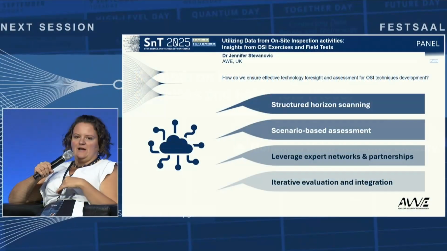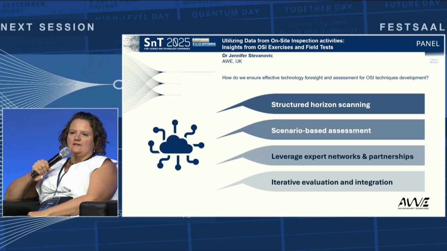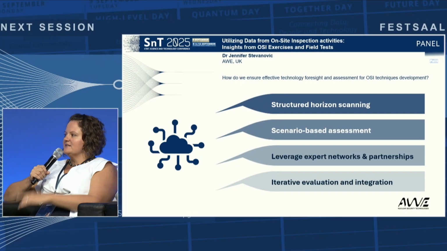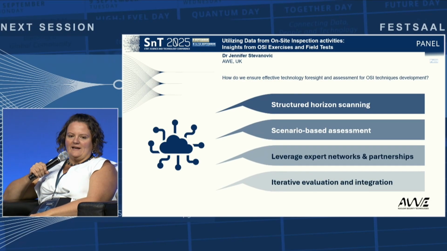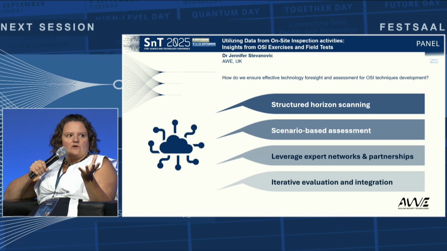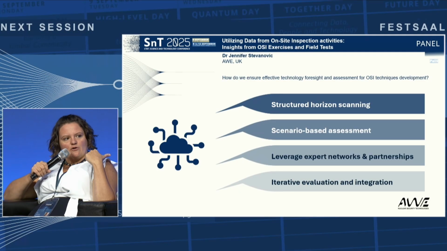So I kind of interpreted this question as how do we future-proof and make sure that we are capturing all of the development. I've mentioned horizon scanning here, but after hearing some of my fellow panelists' inputs, I think it really comes back to the archiving question, because as we scan for new developments, we want to be able to apply those to the historical data.